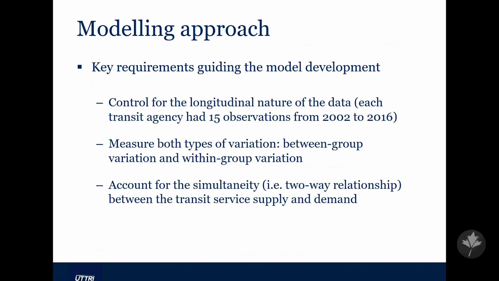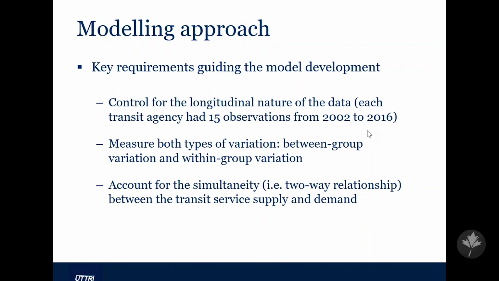So the key requirements guiding the model development, from the lessons learned in the literature review, as well as the feedback we received from the transit agencies, was to control for the longitudinal nature of the data. Because each transit agency in our sample had 15 observations from 2002 to 2016, and for each one of those years it had like 80 variables.